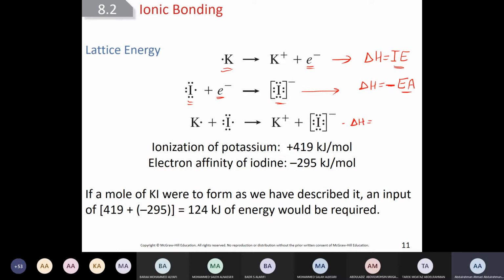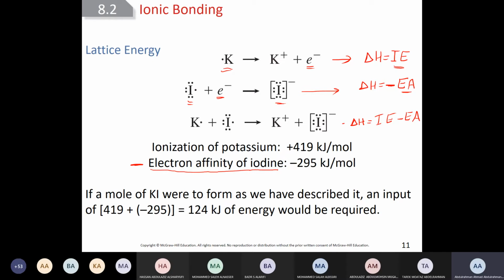It will be IE minus EA. Exactly. And by the way, it's written here, electron affinity of iodine. No, the electron affinity of iodine is plus 295. Be careful. This is minus electron affinity of iodine.